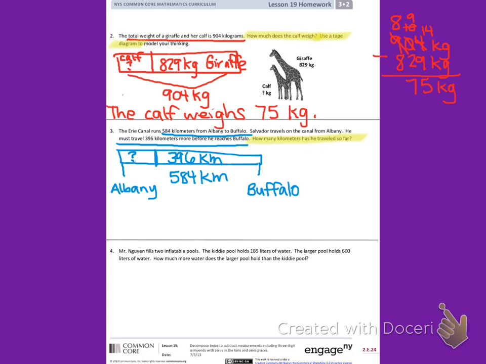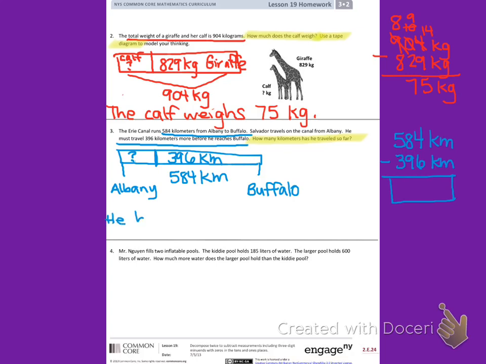The way you solve this is by taking the 584 total kilometers from Albany to Buffalo and taking out the amount of kilometers you know he still has to travel. Whatever you have left is the amount he has already traveled. Don't forget to answer in a sentence. How many kilometers has he traveled so far?